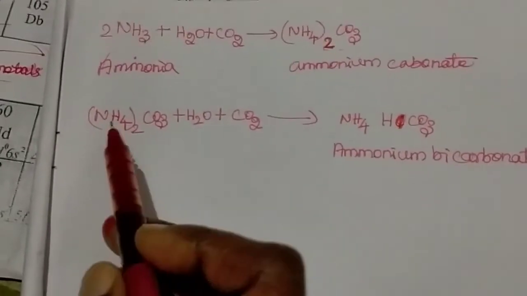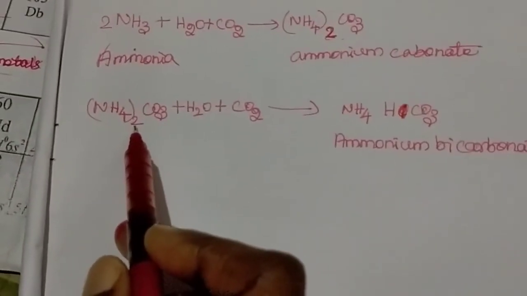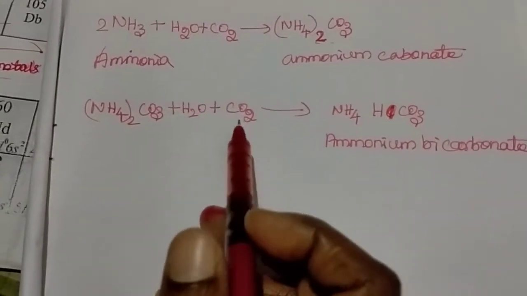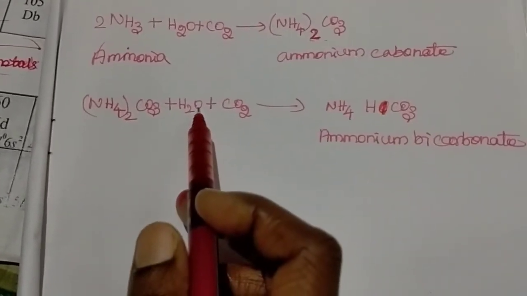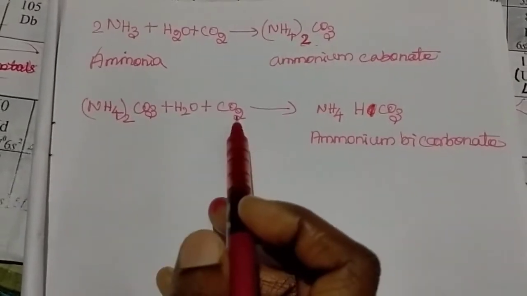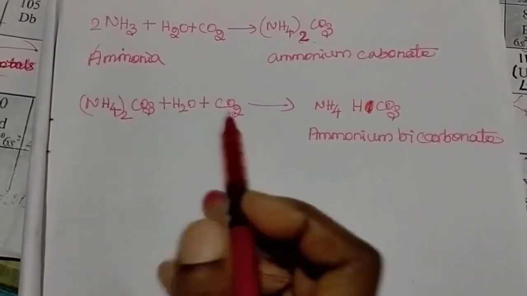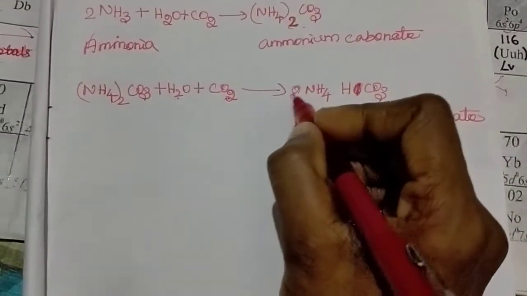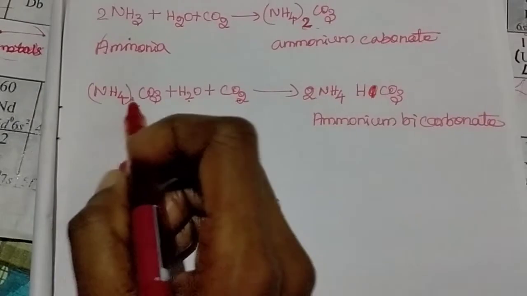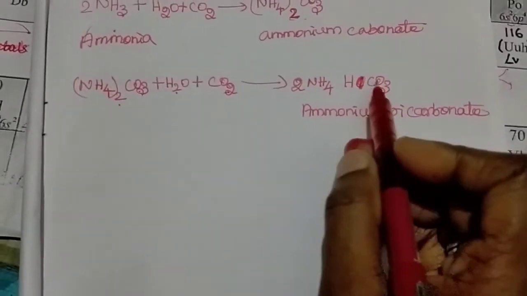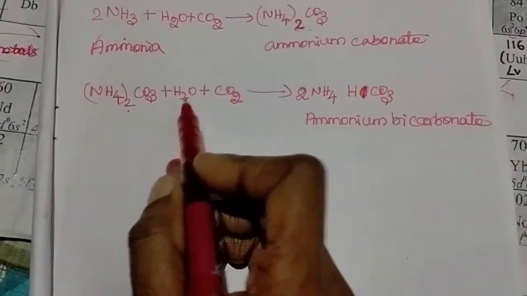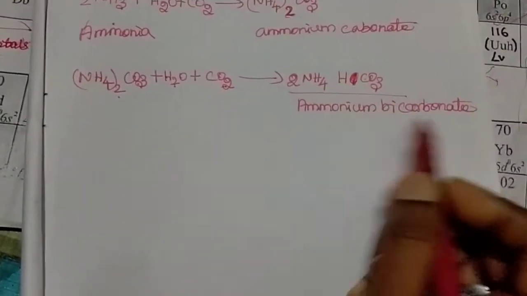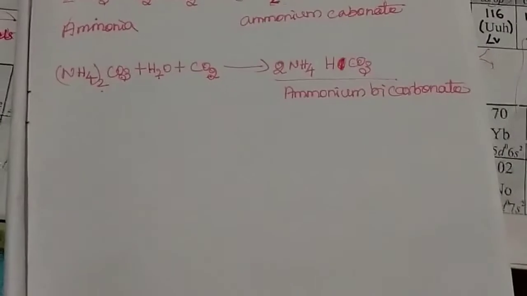Balance this equation. (NH4)2CO3: here 1 CO2 is combined with the O, so it becomes CO3. So 2 molecules of CO3 and 2 hydrogen. We can write here 2 NH4HCO3, this is the formula of ammonium bicarbonate.